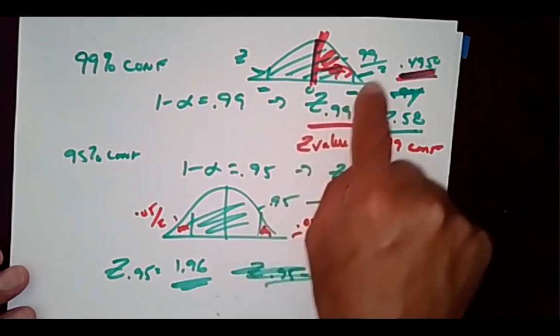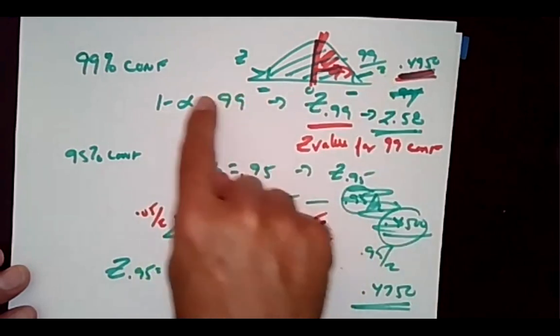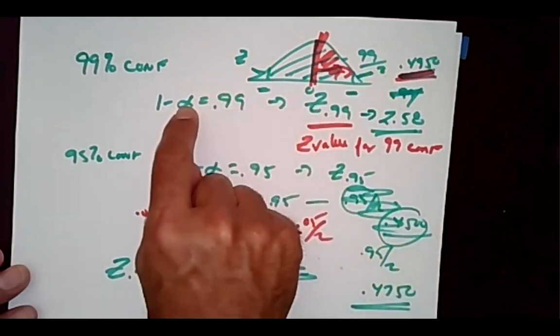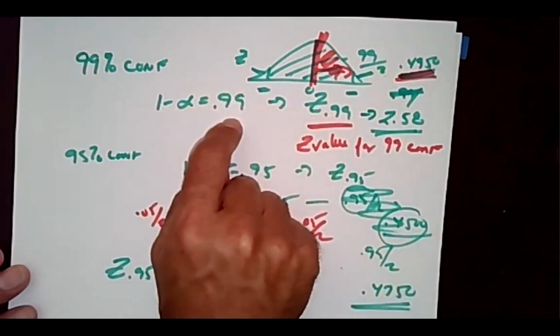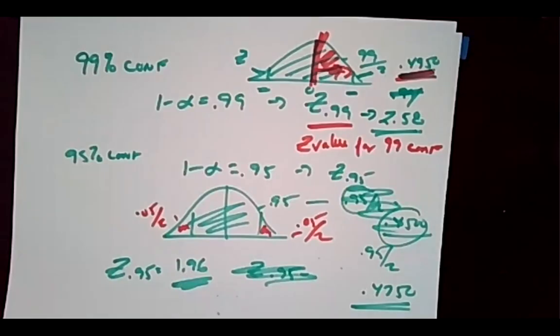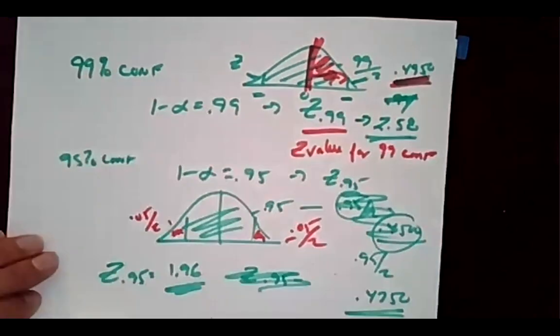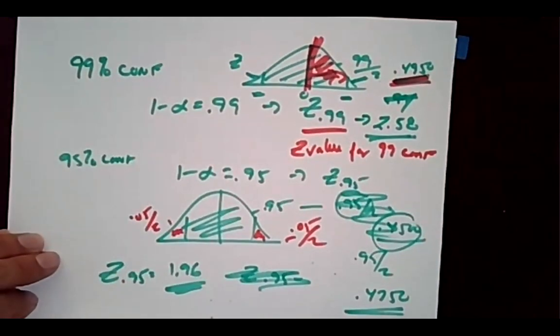All I'm doing here is trying to show you, when you see Z of 1 minus alpha, which is back in the PowerPoint, what that means. So the 2.58, is that like the area of the red shaded area on the Z curve? That's not. What that is, I'll show it to you. Very good question.